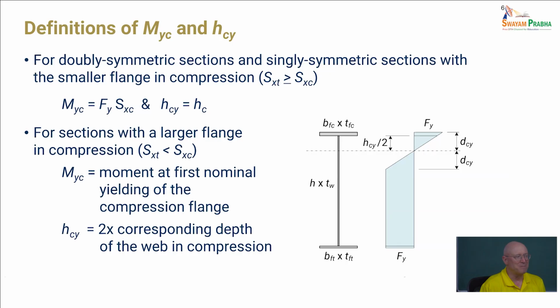When we design composite girders, we allow extensive yielding through the web in calculating their strength. Usually we'll count on the plastic moment, and so this is essentially paralleling that. Your MYC here is a moment at first yield that we use as a base for continuing the calculations, but in many sections that behave this way it's very close to the plastic moment.